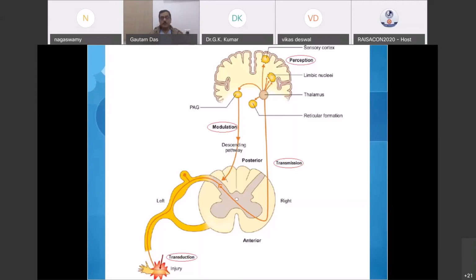So just to recapitulate, the four important areas of the pain pathway: transduction, transmission, perception, and modulation. In perception, we told a few important areas which are not nicely covered. One of the most important areas to remember is the limbic area. And modulation is mostly not covered in our undergraduate and postgraduate studies, but pain modulation is very, very important. That determines how much pain will be felt in a healthy individual.